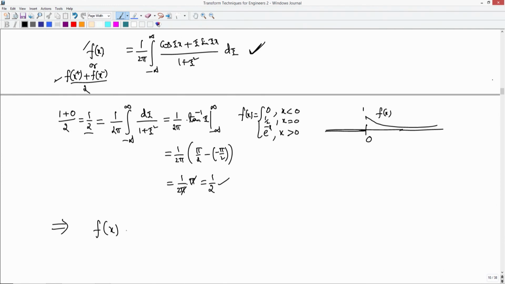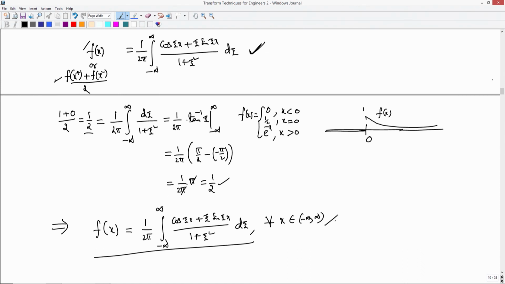So, you can say that f of x is equal to 1 by 2 pi integral from minus infinity to infinity of cos xi x plus xi sin xi x by 1 plus xi square d xi. This is true for every x from minus infinity to infinity. This is what we can see from the Fourier integral theorem.